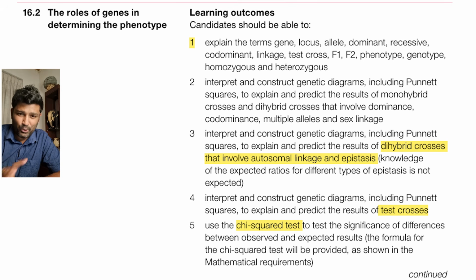So there are some good examples again in your textbook which you might want to go through and be aware of about epistasis, because we have not seen epistasis, nor gene linkage, for a very long time. So that's a very challenging question, right, which you might want to go through.